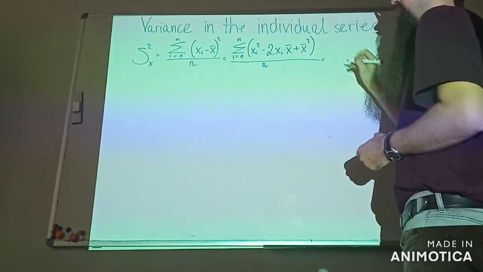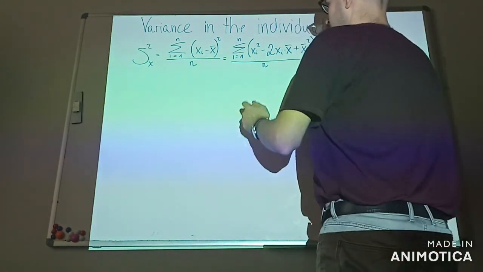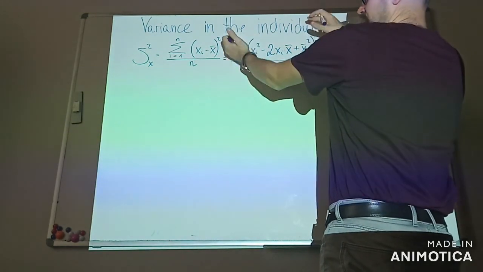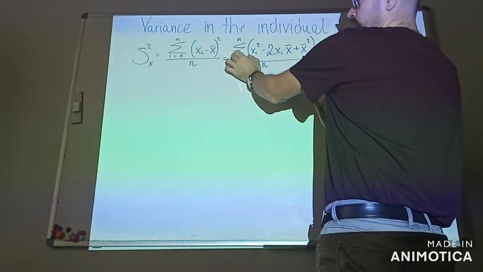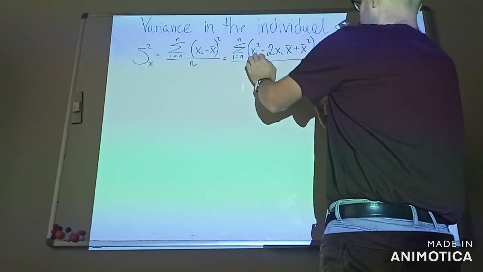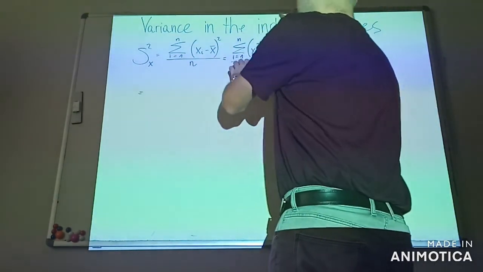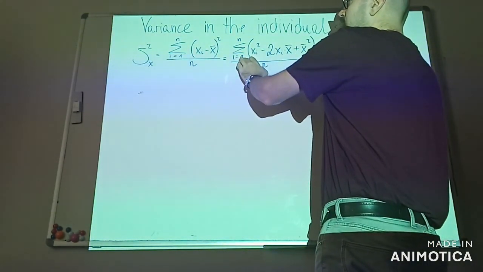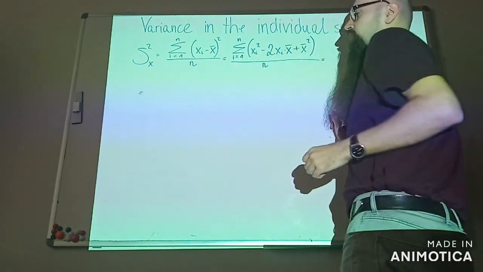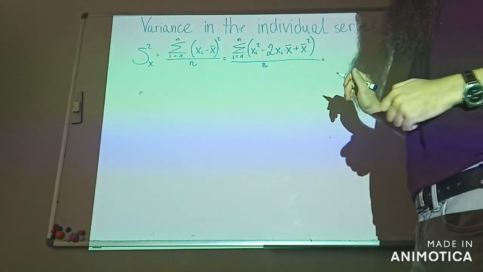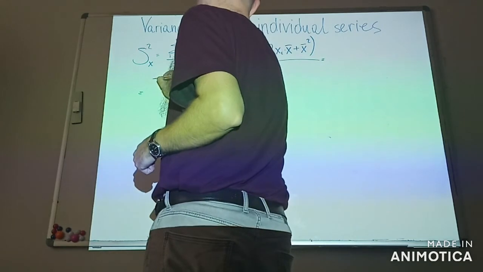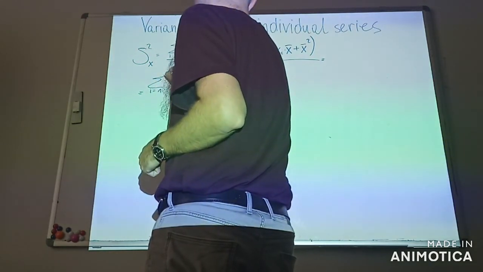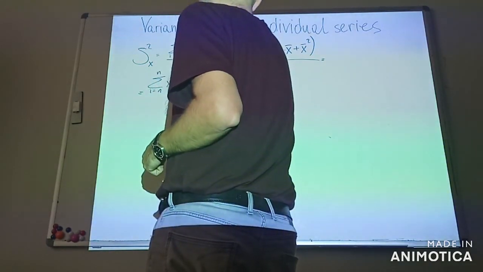In the second step, we can write down this sum of the bracket using three sums. The first sum is the sum from i equal 1 up to n of squared values of variable x, the sum from i equal 1 up to n of xi squared.